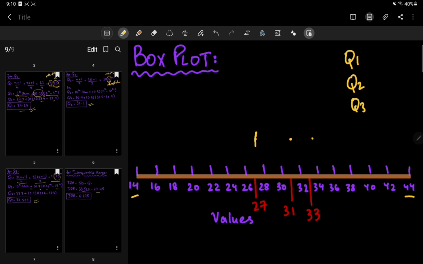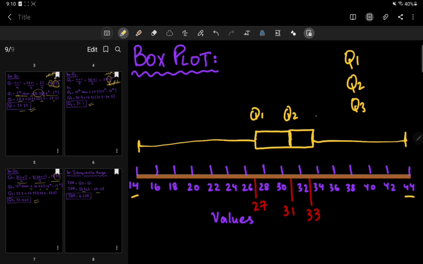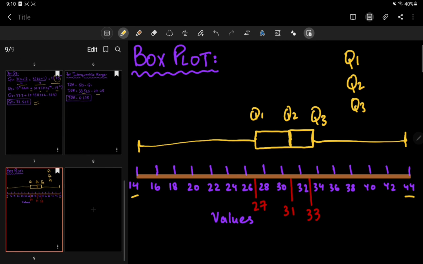And now we just have to make a box like this, and we have to mark the line as the minimum and the maximum. Okay, and now write it over here, Q1, Q2 and Q3. Okay, this will conclude my video. Thank you.